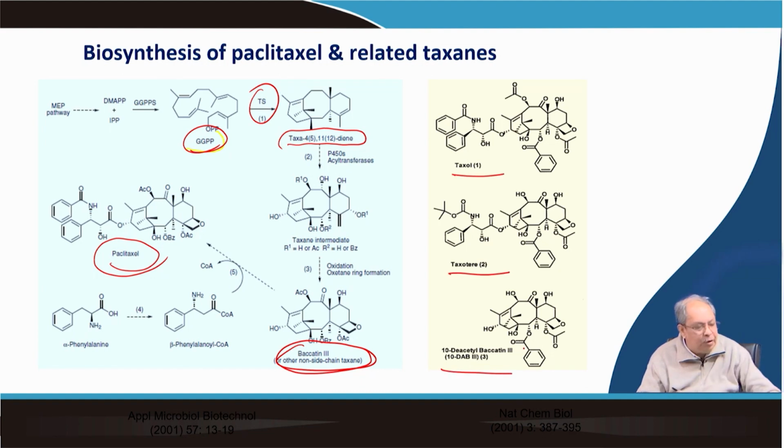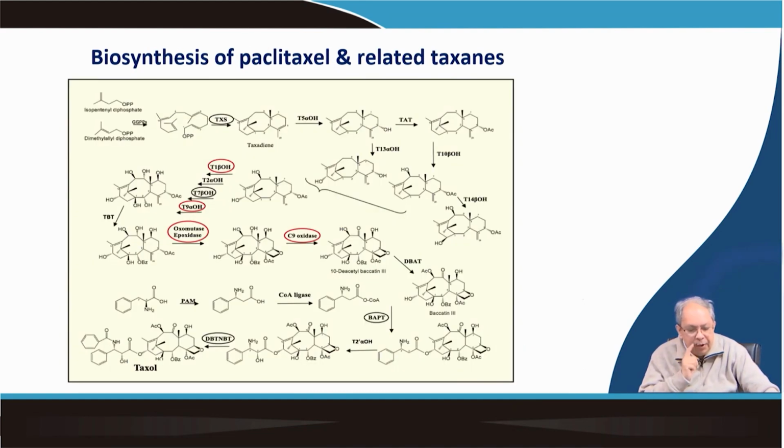So, baccatin is important and the biosynthesis is very complex, although the biosynthesis has been resolved mostly. Chemical synthesis was also done, but producing paclitaxel chemically is not feasible. Okay.